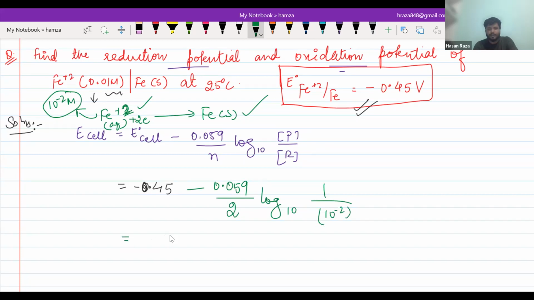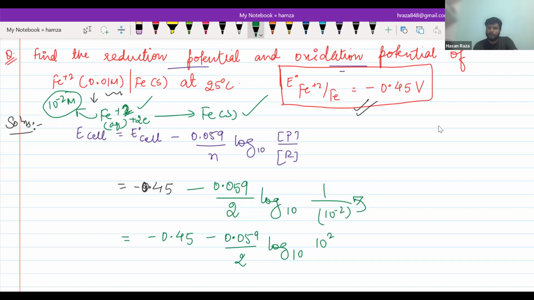Now you just need to solve it. Minus 0.45 minus 0.059 upon 2 log to the base 10, and when it moves to the numerator, negative becomes positive, and it will be 10 raised to the power 2.